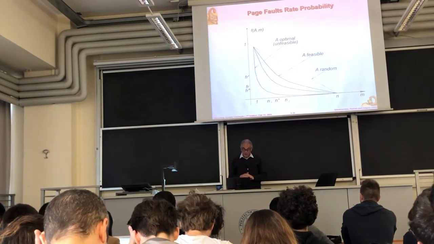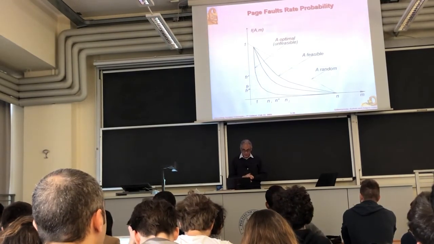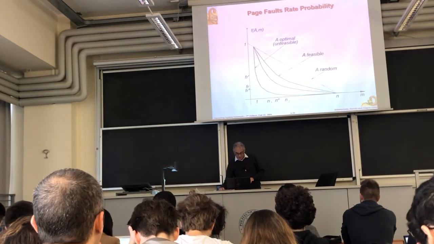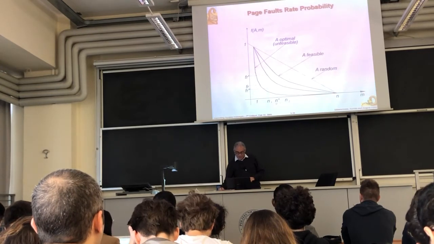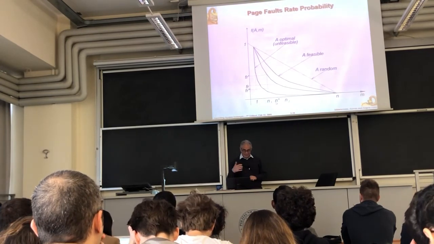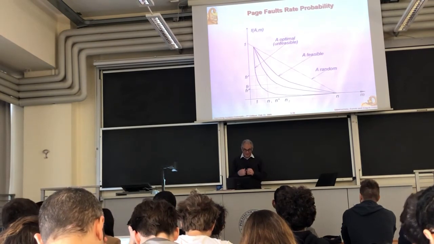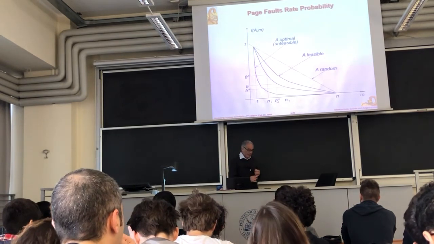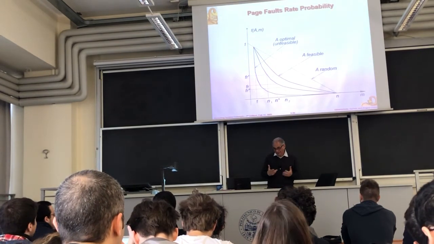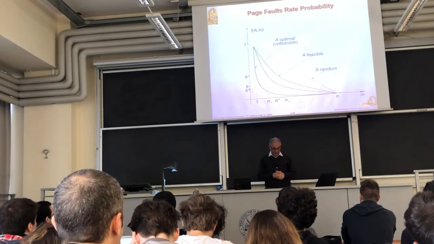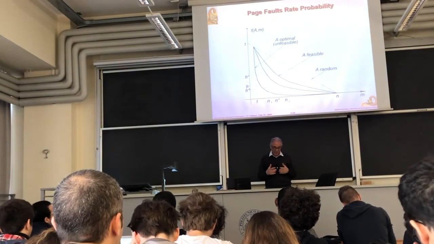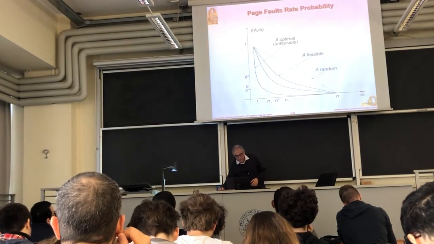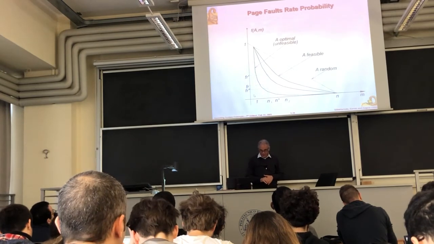Page faults increase a lot if you do something that makes the number of pages given to a process, so the resident set, be lower than the working set. So we call this point the working set for the process. It must have this number of pages to have a reasonable number of page faults. Okay?